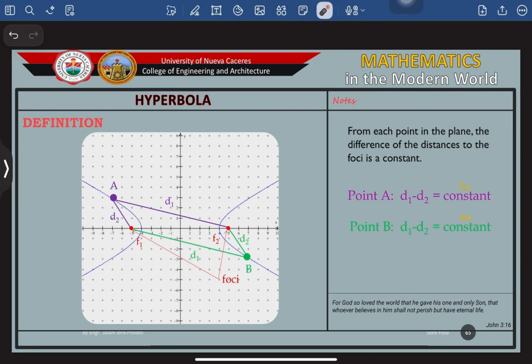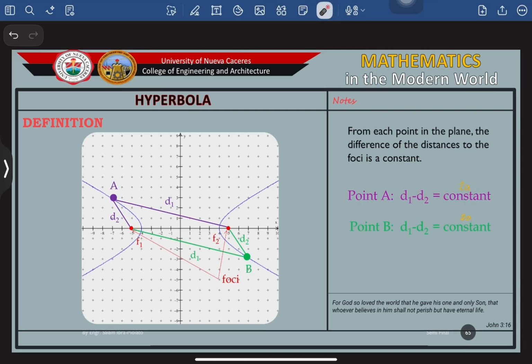Mathematically, if the foci are F1 and F2, then for any point P(x, y), the difference d sub 1 minus d sub 2 is equal to 2a.